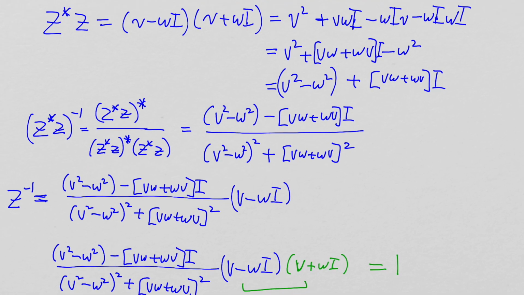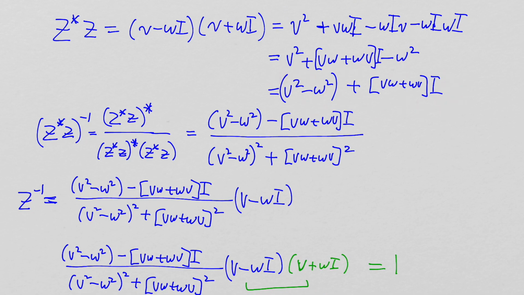Its complex conjugate changes this to a minus sign, and we know from our complex analysis that such a product is just going to be the sum of the squares of these components here. So we get v squared minus w squared, squared, plus the square of the symmetric sum.